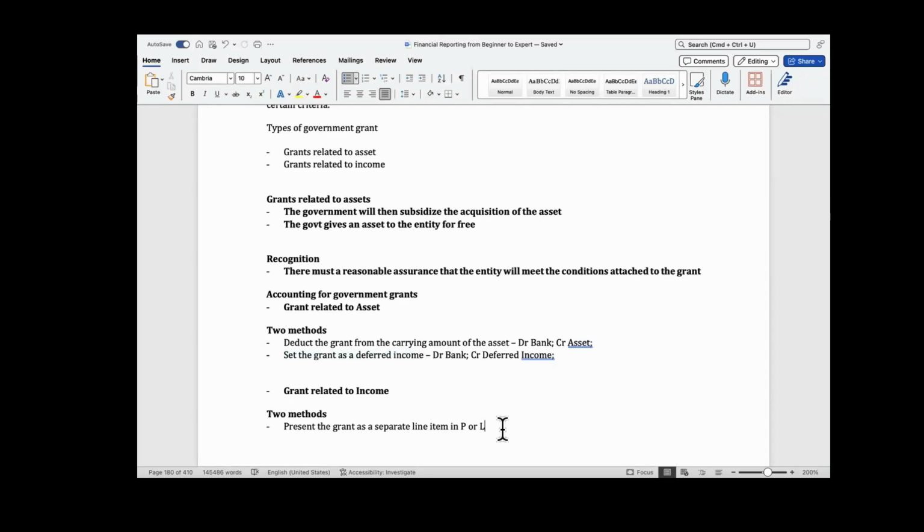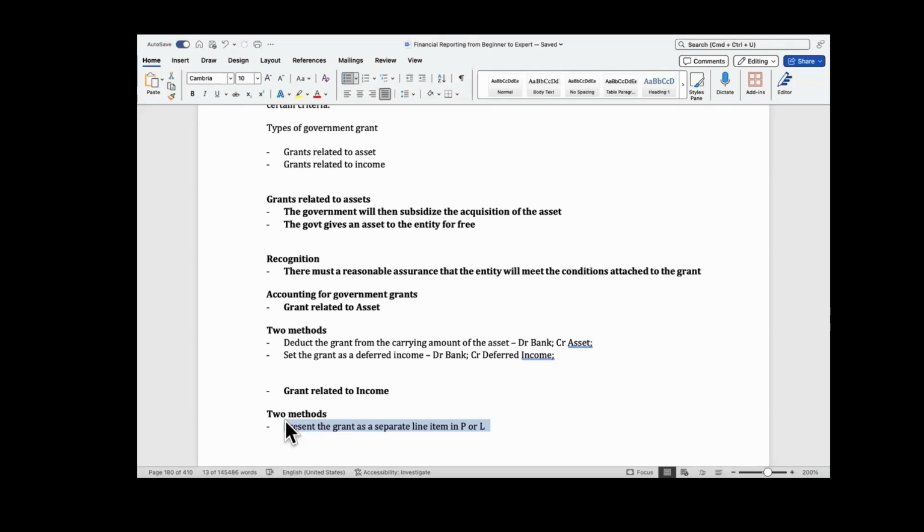Then you will systematically recognize it to P&L over those years. So this first method depends on how long it will take you to meet the condition. If you have met the condition, recognize whatever amount they are giving you to P&L in year one, as grant income.